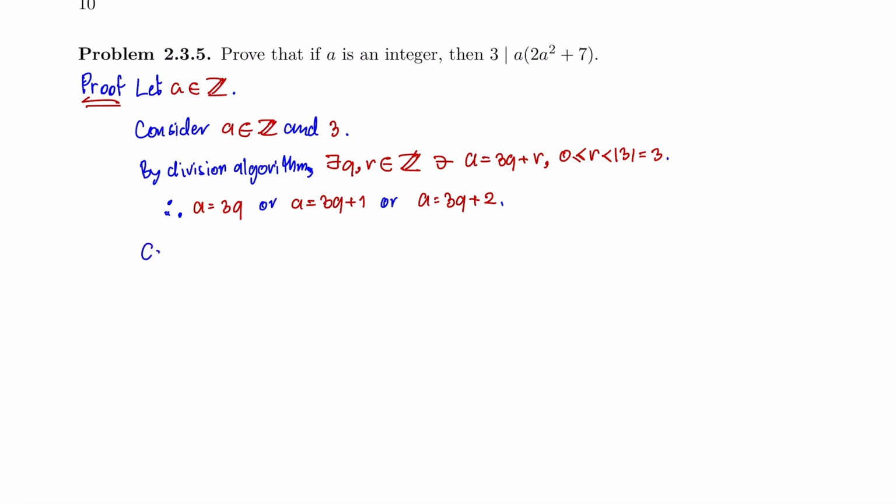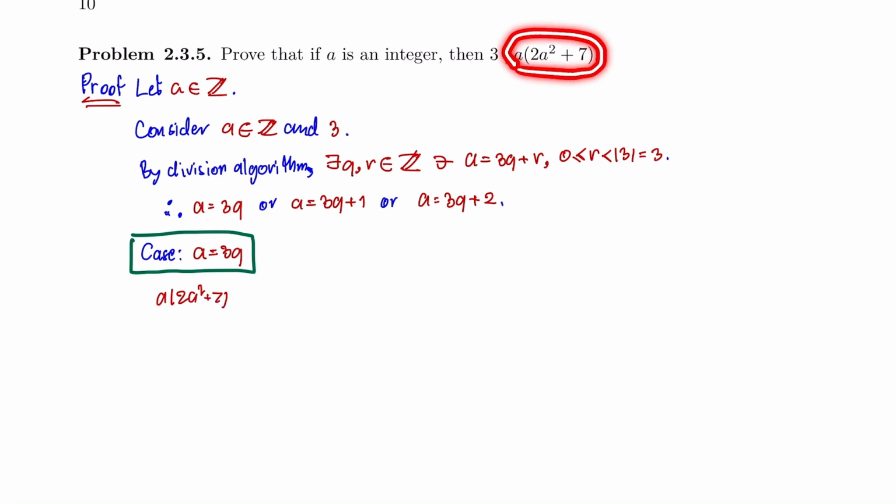We start with the first case, the case where a equals 3q, where q is an integer. So I want to start with a times (2a squared plus 7). We start with the dividend and we substitute 3q for a.